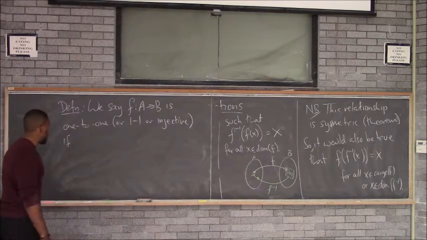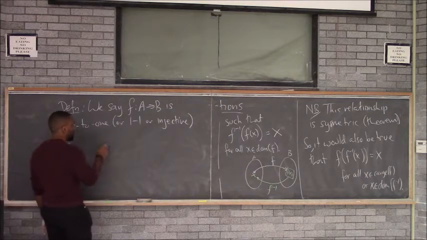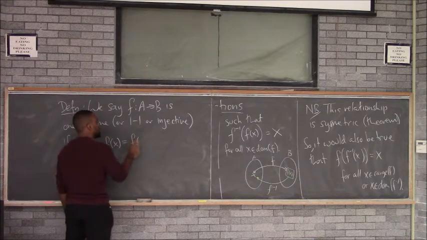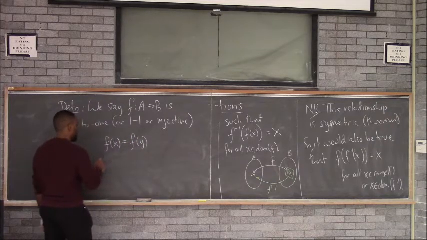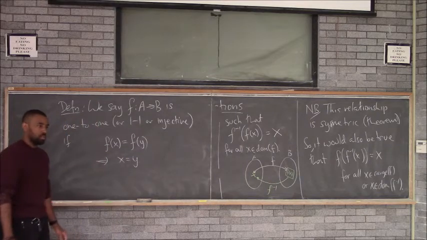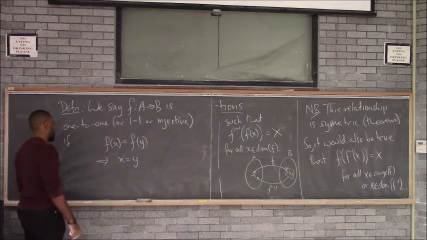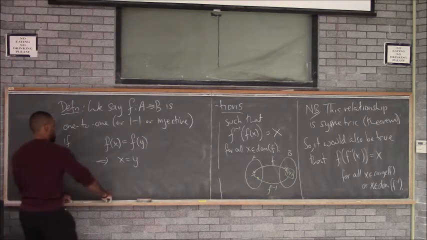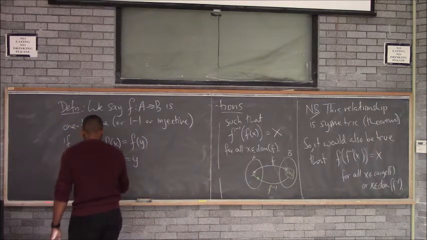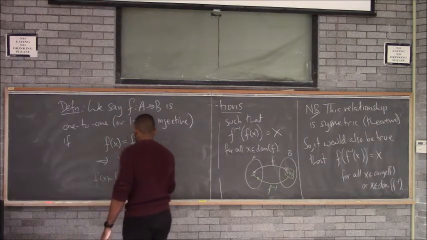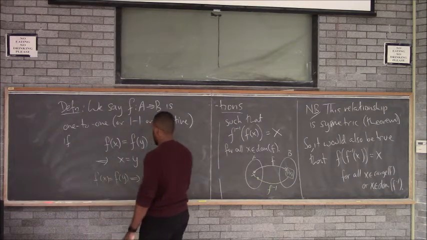You can state this as an equation: if the output at x is equal to the output at y, then x must be equal to y. f of x equals f of y implies x equals y.